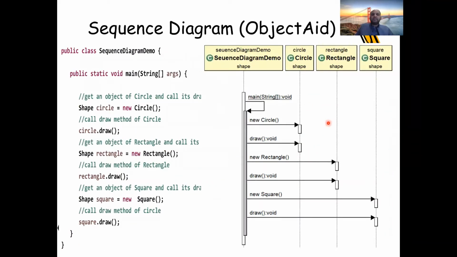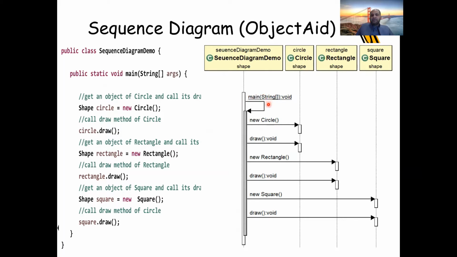Now let's see here the sequence diagram in relation to this. First of all, the main method is in the specification. You can see that these are 4 lifelines: sequence diagram demo, circle, rectangle, and square.